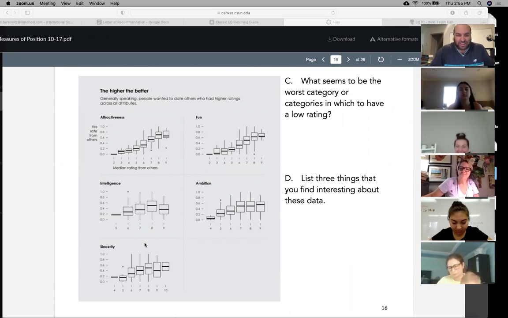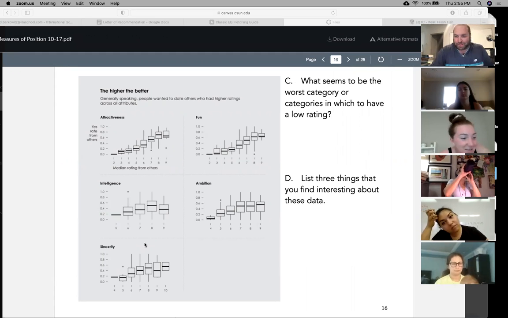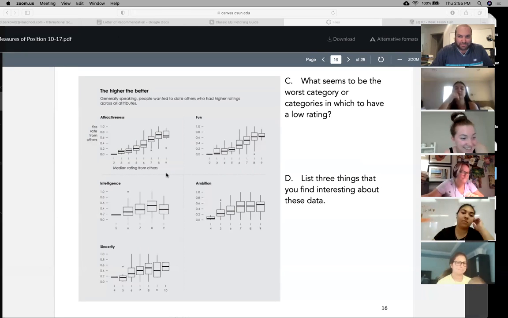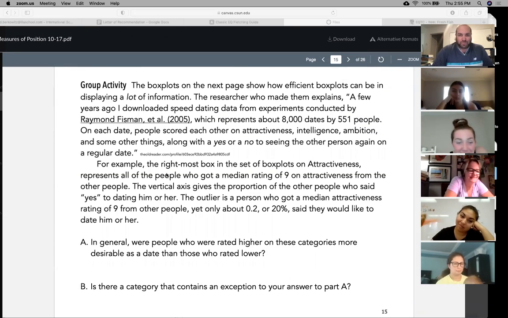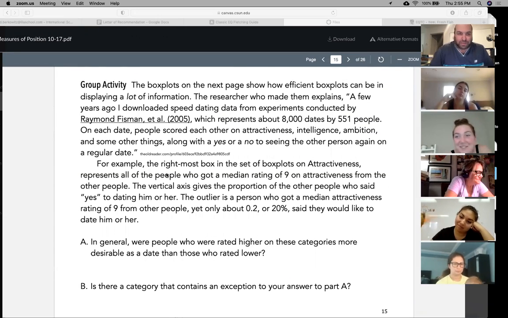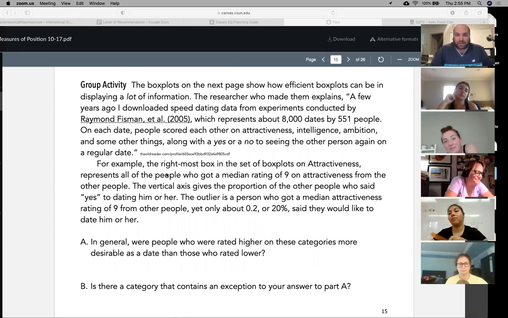Right? So you have attractiveness, fun, intelligence, ambition, sincerity. Unfortunately, height does not seem to be one of them, but maybe that's part of attractiveness. Who knows?